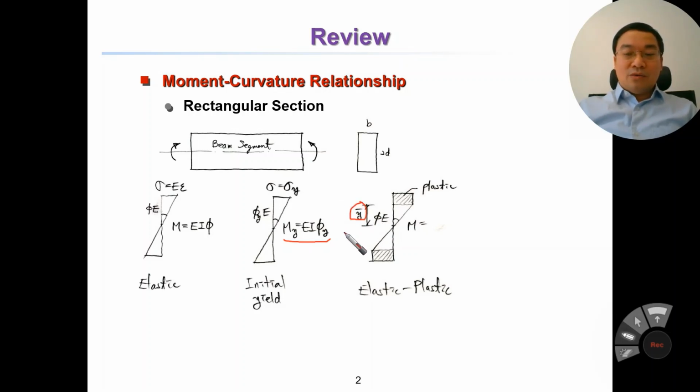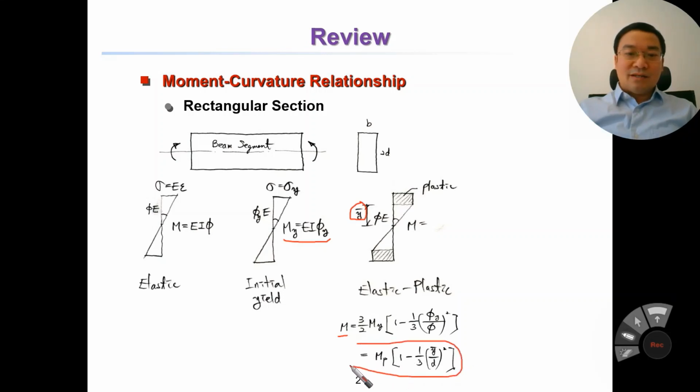So we already have the equation M, a function of My or of Mp. Normally we use this equation. Remember M is a function of Mp multiplied by y over d squared.